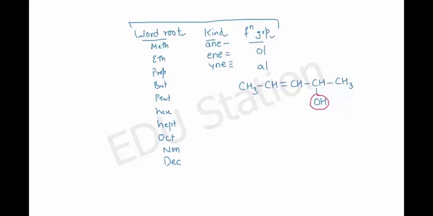I think this will give the lowest number, 1, 2, 3, 4, 5. If you number the other way around, I think it will be 4. So the lowest number can be 2. That's why we number it from right to left. Now the principal chain of carbon has 5 carbons. So the word root that we have to select is pent.